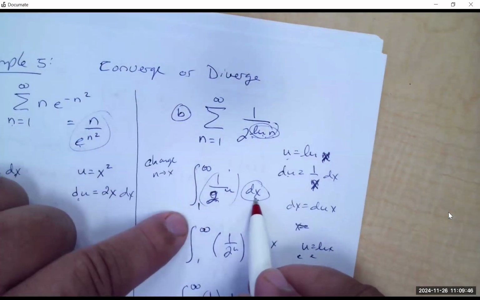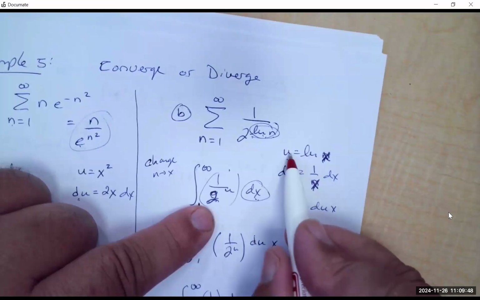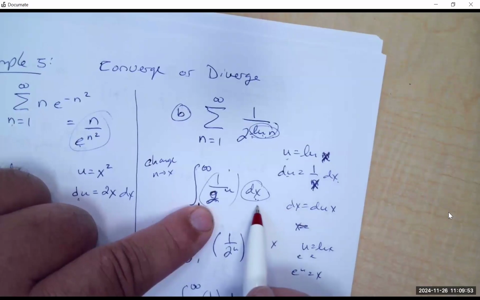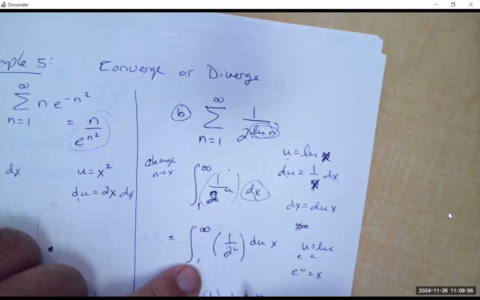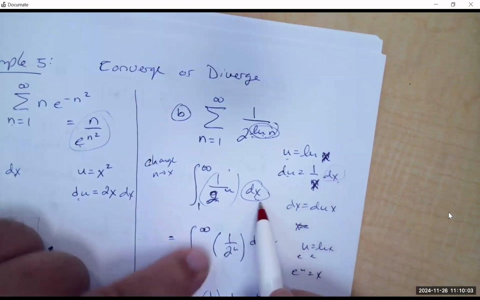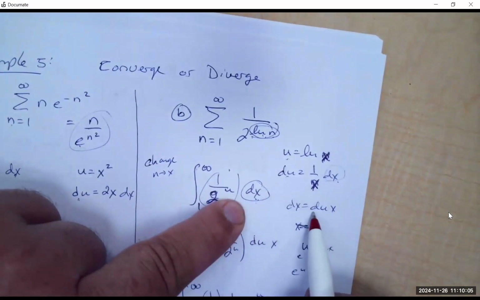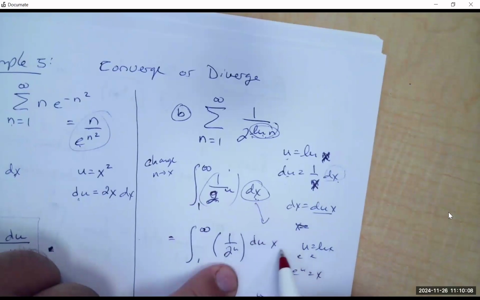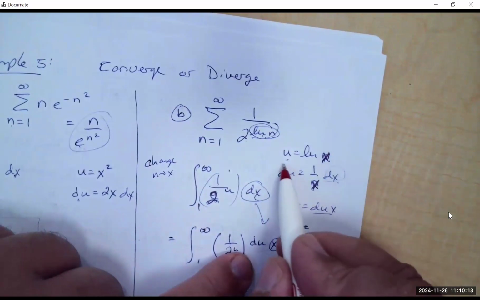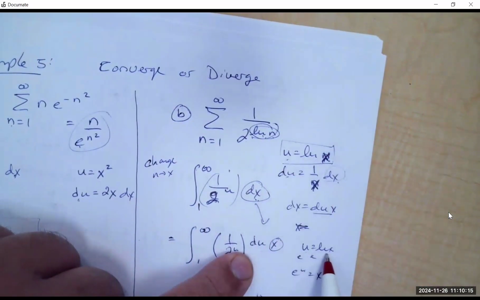The derivative of u is 1 over x dx. So dx is equal to du times x. In place of x, I put du times x. And what is x? Well, I go back up here and solve for x. I take e to both sides and get e to the power u equals x. So in place of x, I put e^u.